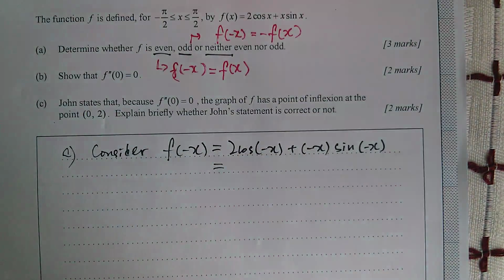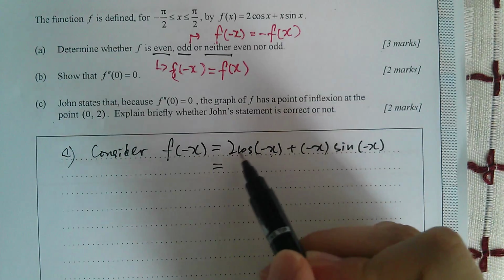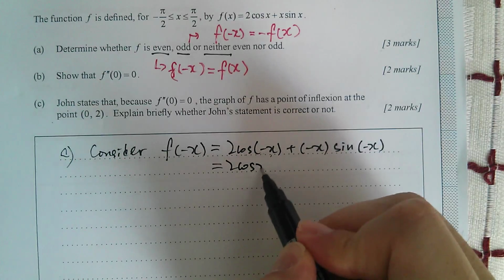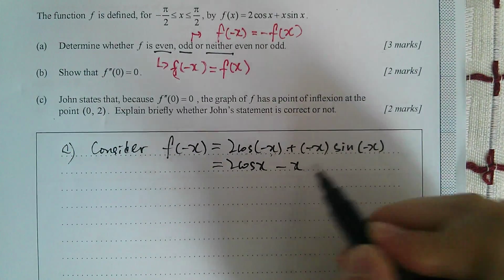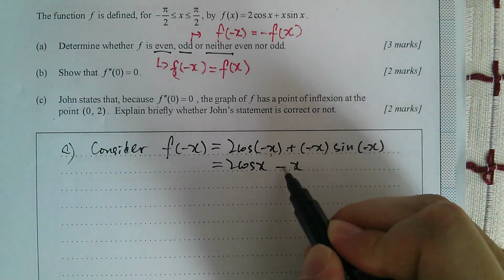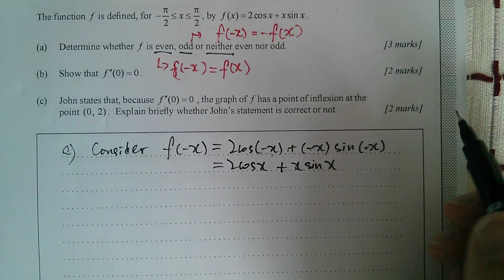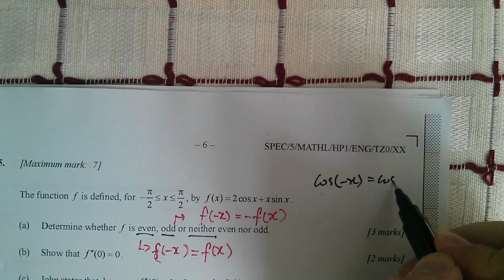If you're good at trigonometry, you should know that cosine can just eat the negative. So it's cosine x, minus x. What about sine? What does sine do with the negative? It will take it out. So it's plus x sine x. Is that clear? You should really know these identities.